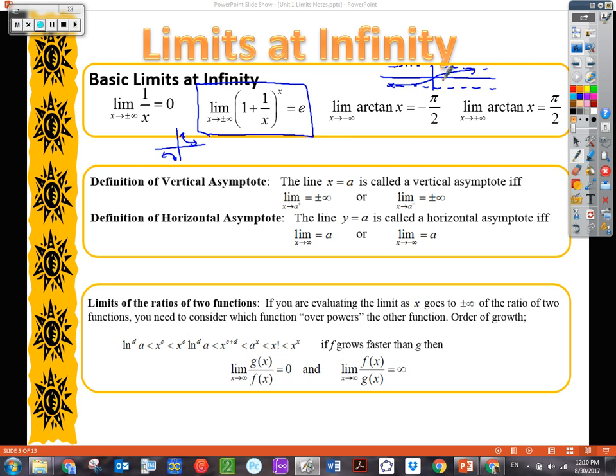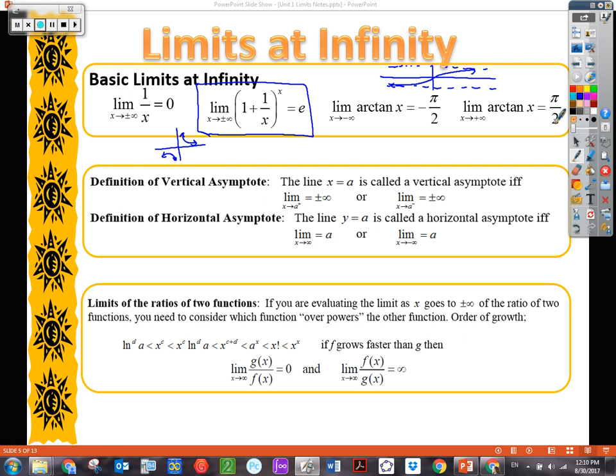If our x value is heading to infinity, then our y value is headed to pi over 2. So those are 2 special limits that are pretty important for us. They kind of just pop up when you least expect it. So some pretty good limits. Any questions about those formats?